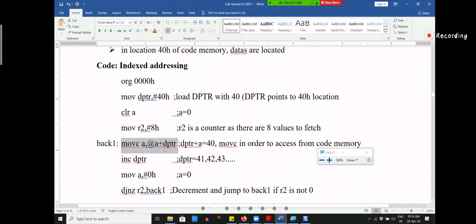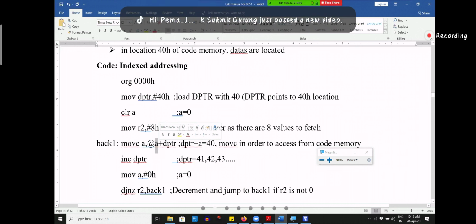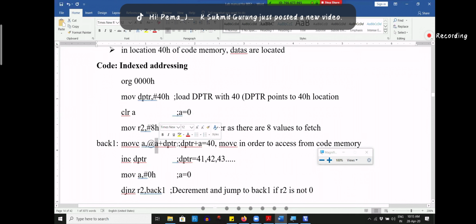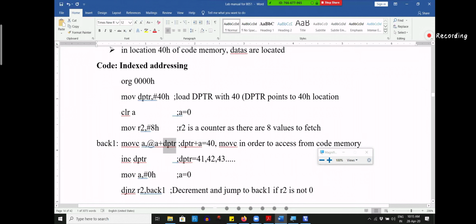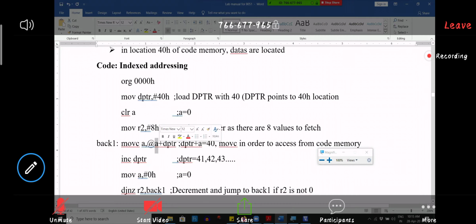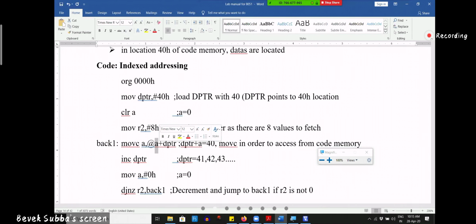In order to use this syntax, I have to make A equal to 0 first. Then only I can use this syntax. If I don't make A equal to 0, DPTR is already 40 and your lookup table is at location 40. But if A has, for example, 10, then A plus DPTR will be 50. Then your program and your lookup table are not matching.